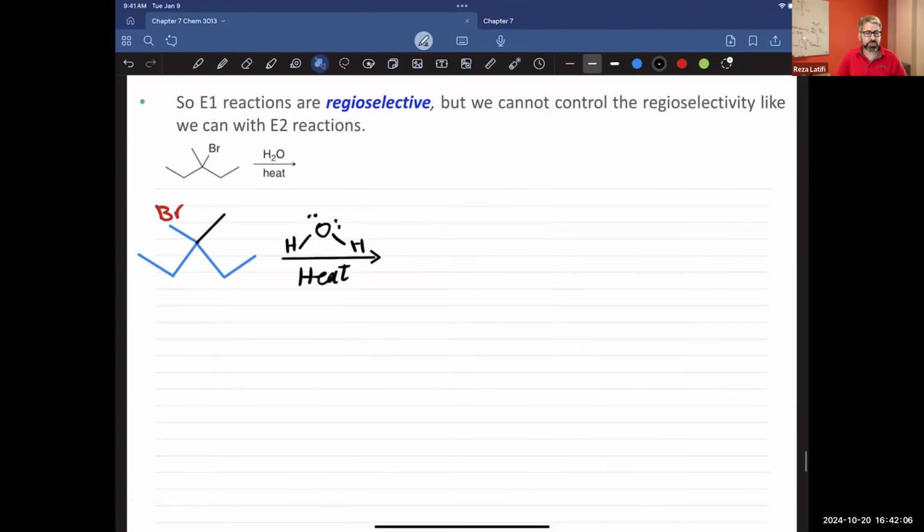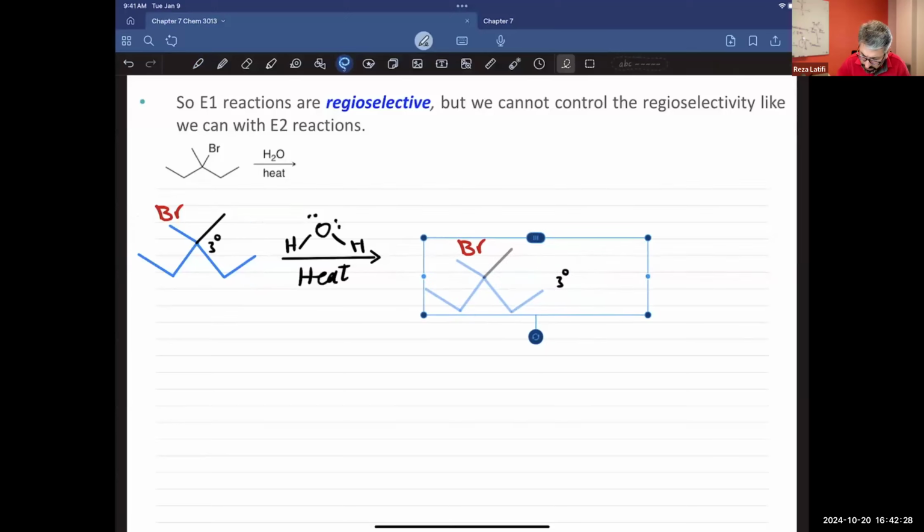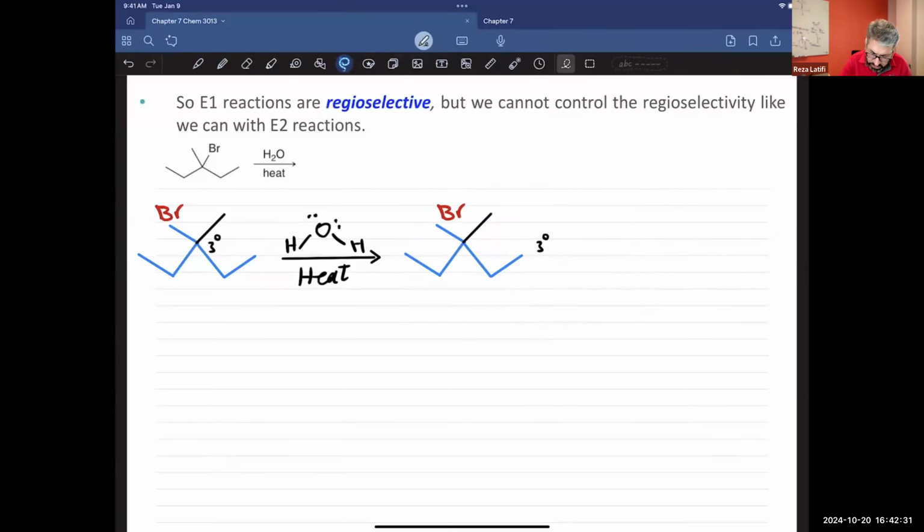Now, here I have a tertiary halide, and in the presence of heat and solvent, again, we can get such an intermediate. So let's say this one is going to lose the bromide.